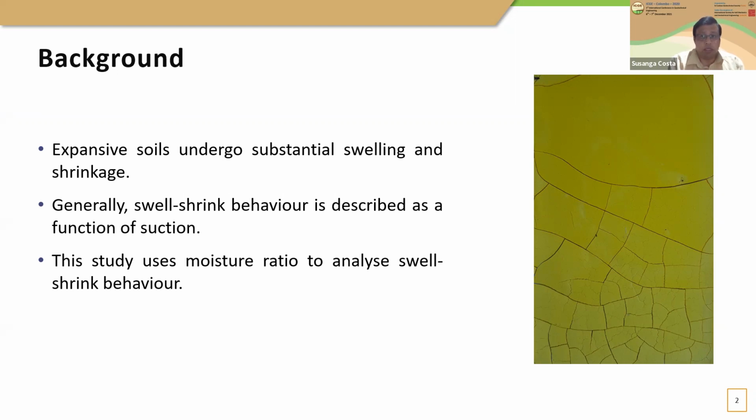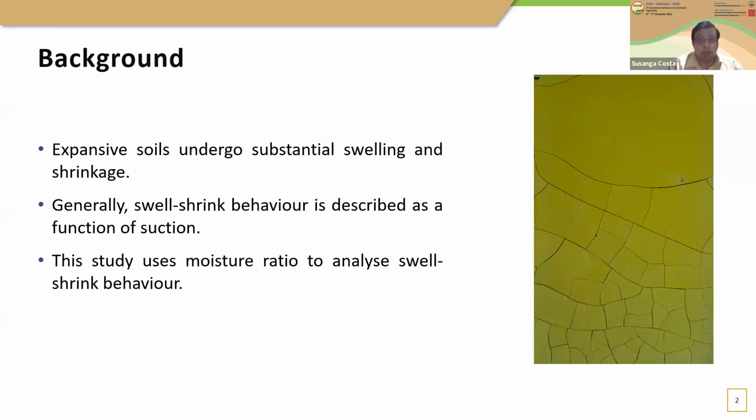The amount of volume change in soil depends on its mineralogical composition. But the volume change behavior can be assumed to be similar for any expansive soil, since it will only vary in degrees. As a result, many people have studied the swelling and shrinking behavior of expansive soils.